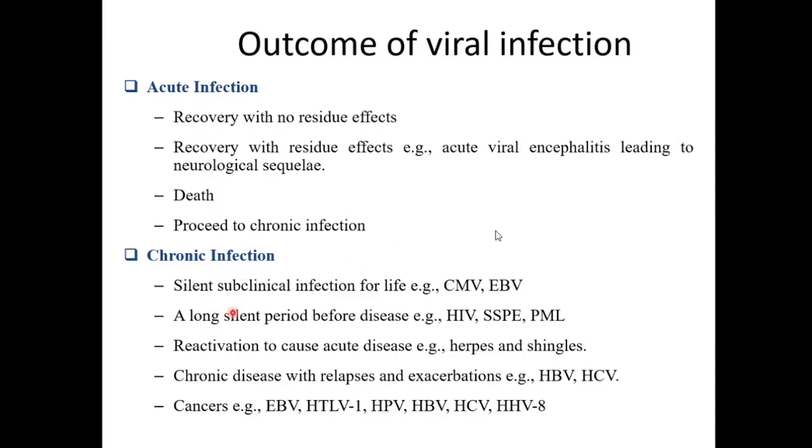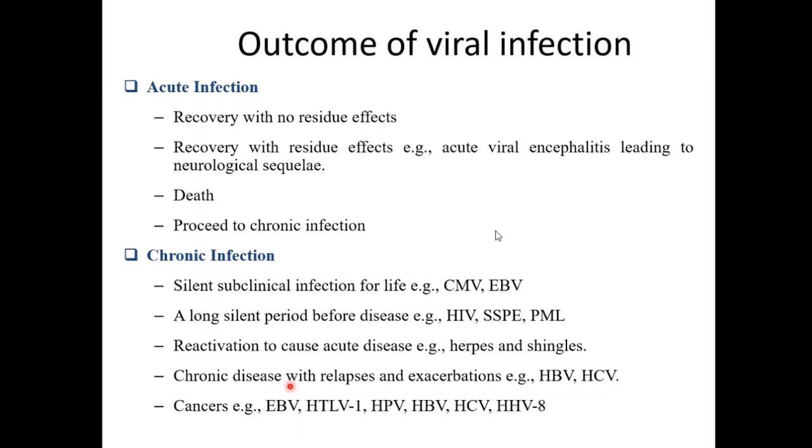And chronic infection is silent subclinical infection for life. So once it's introduced, then it remains over there for life. Sometimes a long silent period before disease. This is the case of HIV. It can cause disease, but not now. It can take some time. Sometimes it can reactivate.